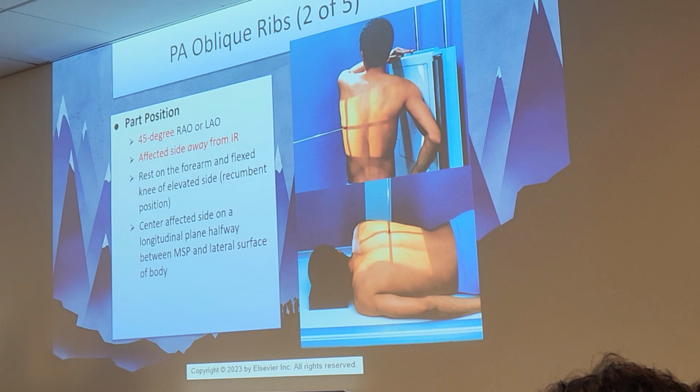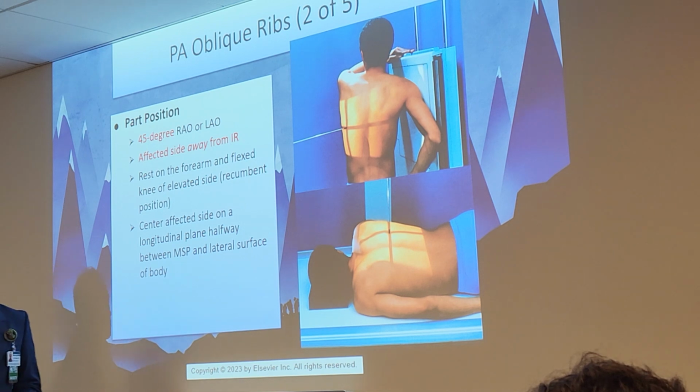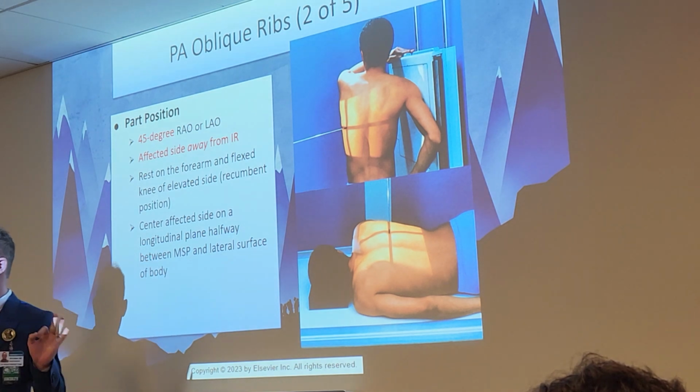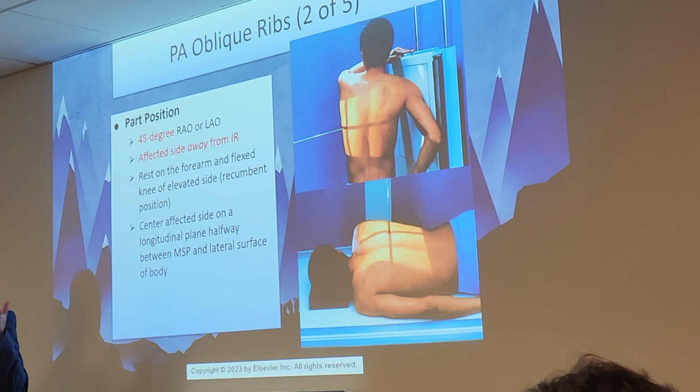This one, the CR goes to the elevated side. Yes, we're gonna get to the CR in a second. So this one does follow that same rule of obliques, as opposed to the AP obliques where I said stay on the sternum. For PA obliques, we will go ahead and center on the elevated side of the patient, halfway between the lateral aspect and the spine.